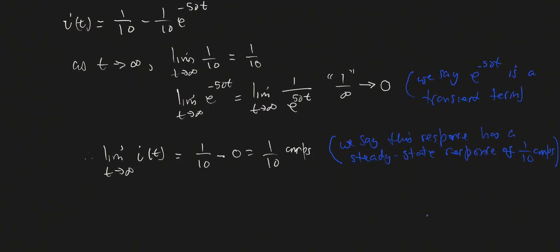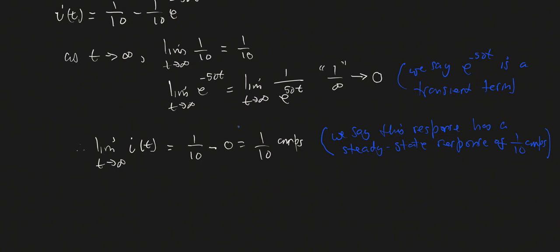So you have some terms of your current that, even though they're present, become negligible for larger values of t, and you have some terms that will never go away.